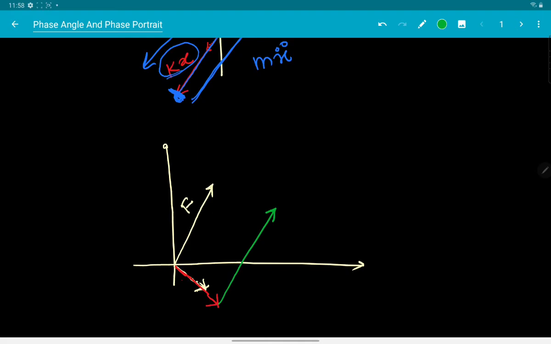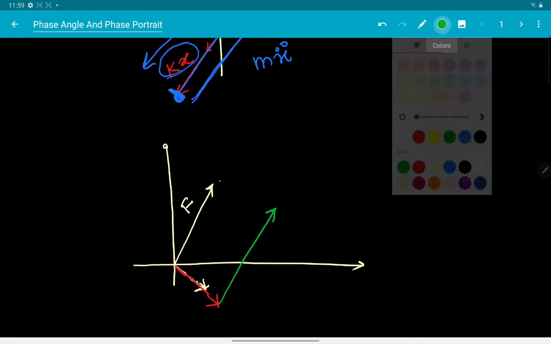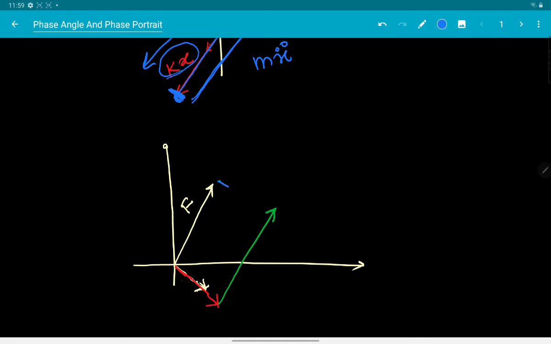It will have a magnitude equal to c times x dot. And now this will be mx double dot. This is how the force polygon is going to look.